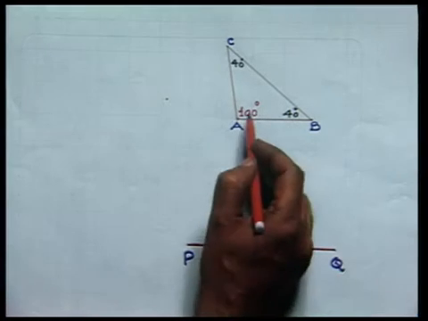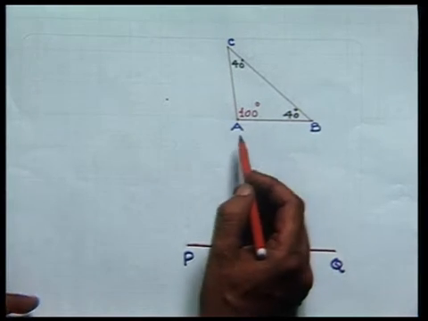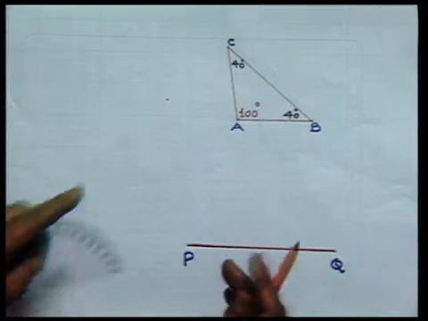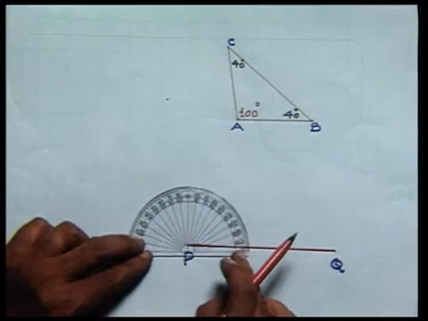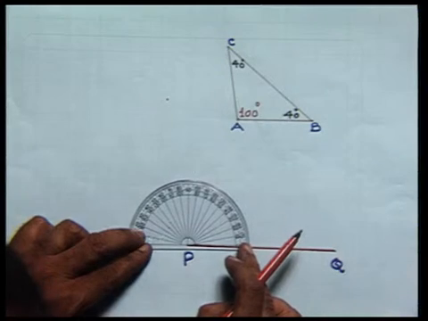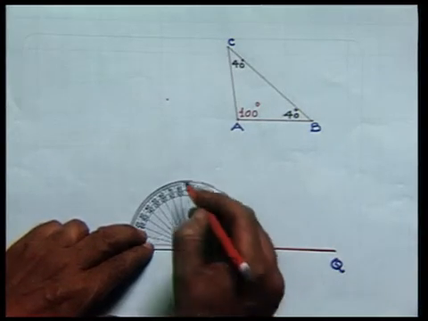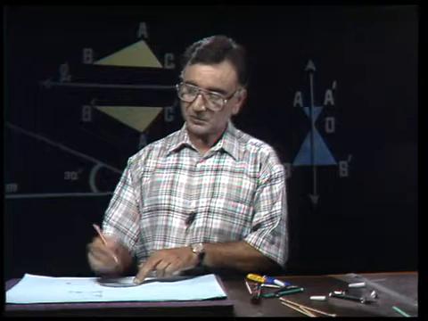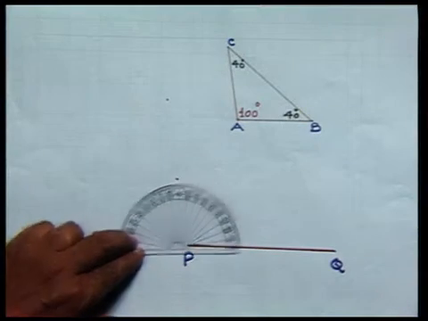Here the angle A is 100 degrees. Let me take the correspondence of A with P and make an angle of 100 degrees at A. This is 100 degrees.